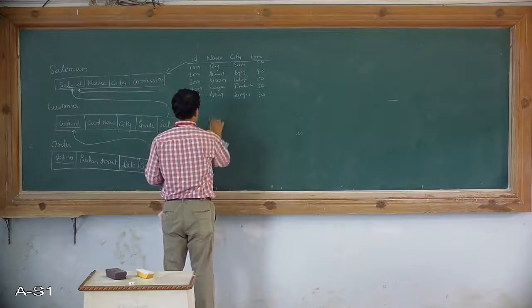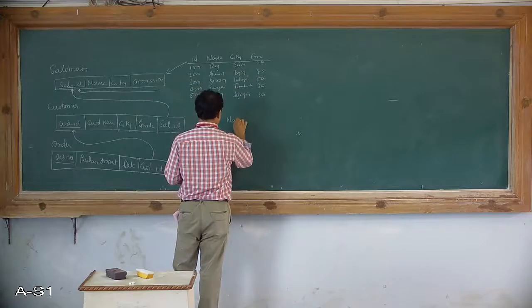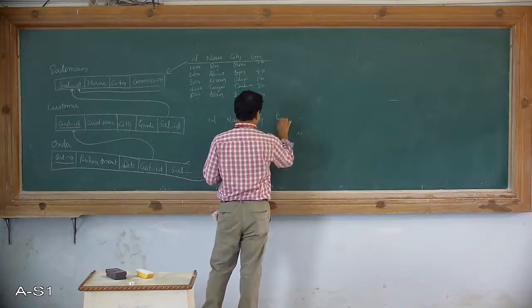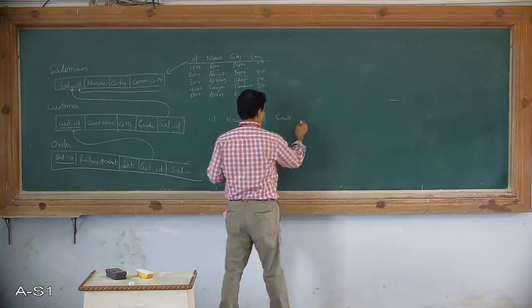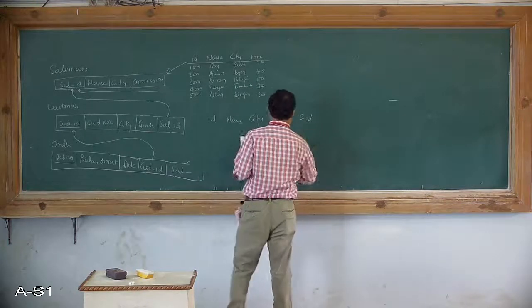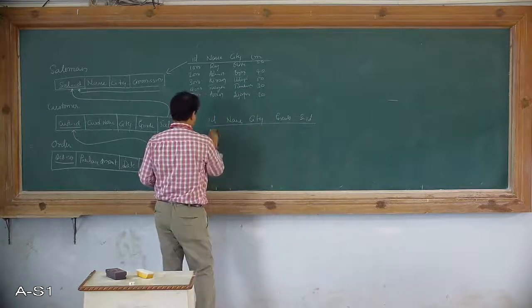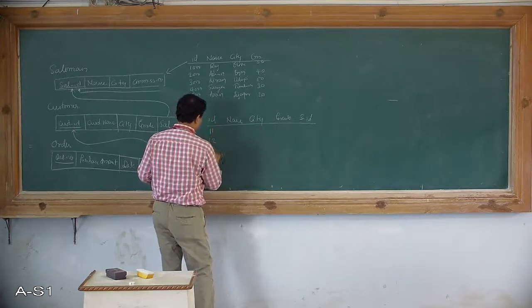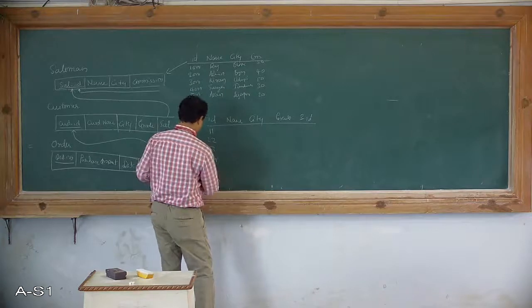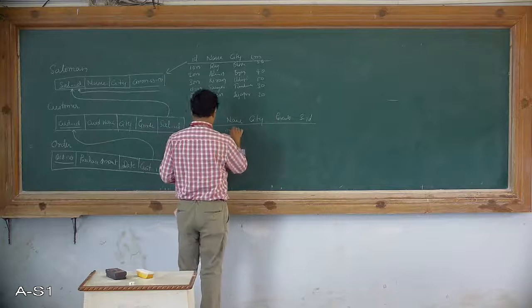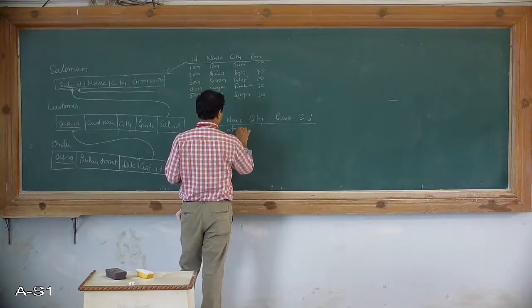So we have customer ID, customer name, then we have city, then we have grade, then we have the salesman ID who has sold. Another table. So this is Infosys.